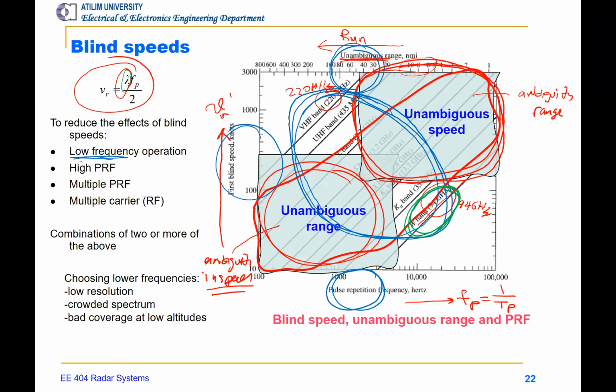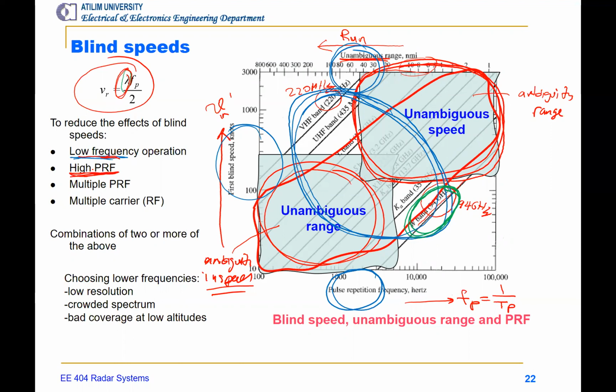If we reduce the frequency, the wavelength increases, so the first blind speed increases, and then there is going to be no ambiguity. But when we reduce the operational frequency, we reduce the resolution, and usually we would like to increase resolution for any radar system, so that's going to be a problem.